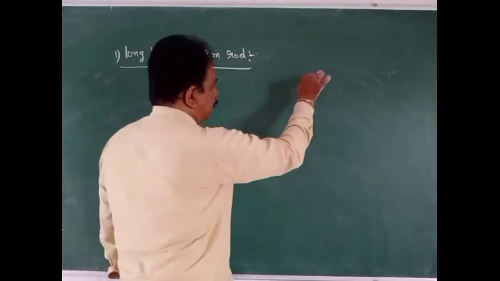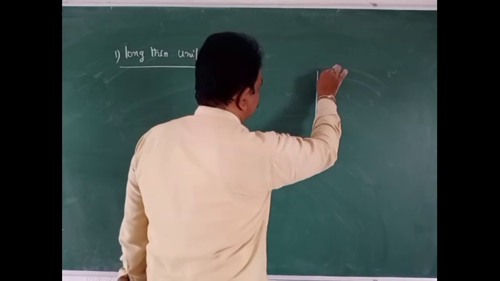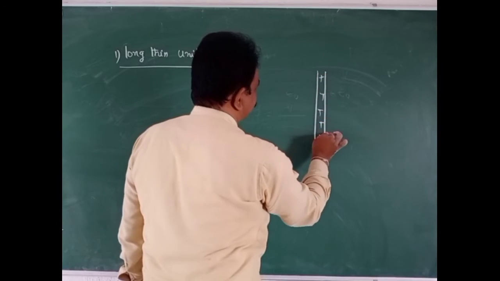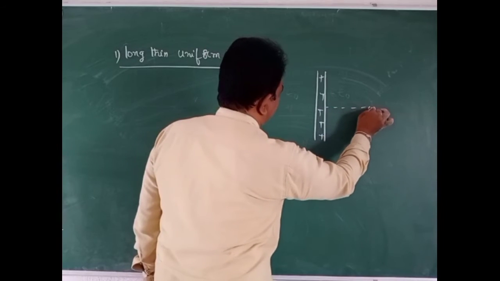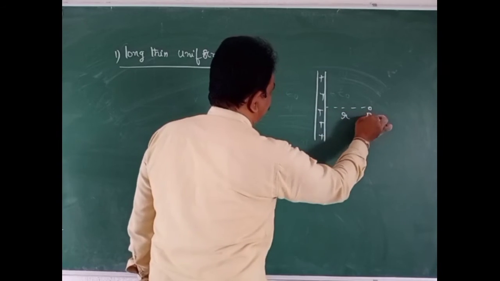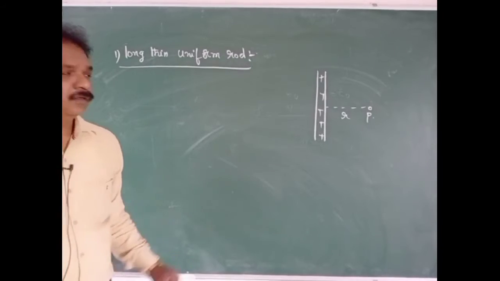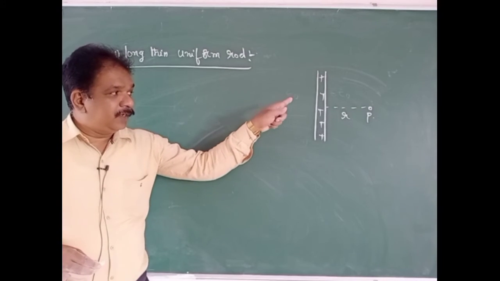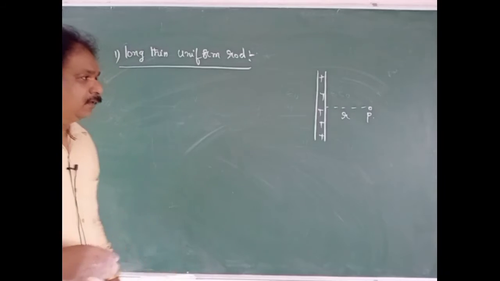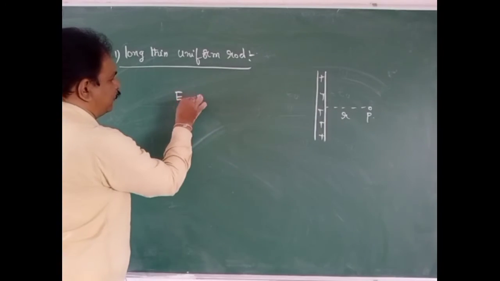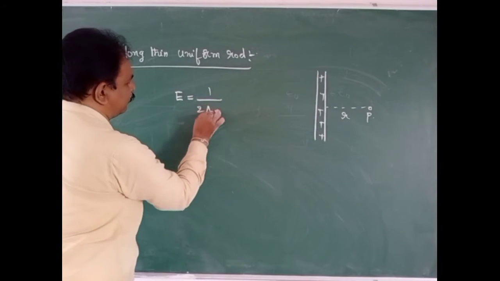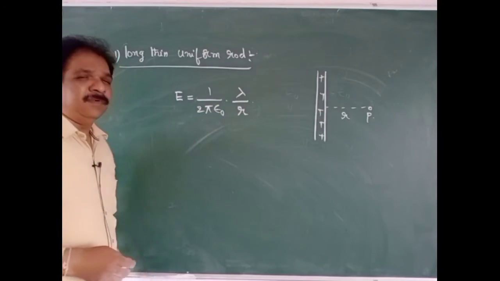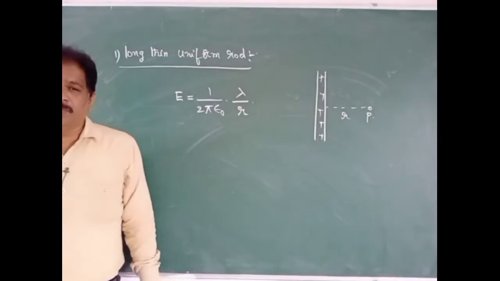Here there is a long rod. It has a charge Q. From that rod, at a perpendicular distance of R, a point P is there. The electric field intensity at that point due to this infinitely long rod will be 1 by 2 pi epsilon naught lambda by R. This formula we will use.